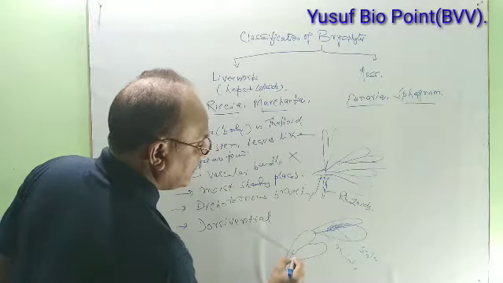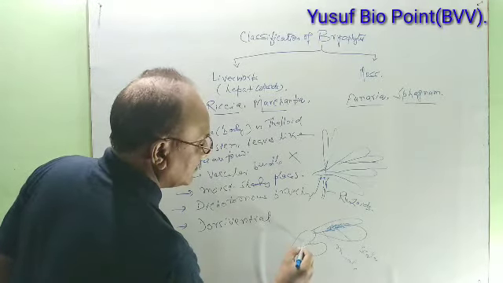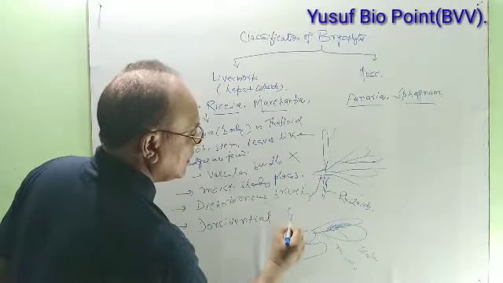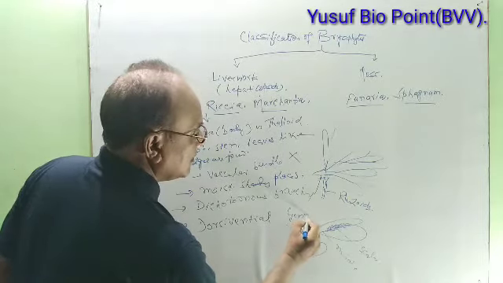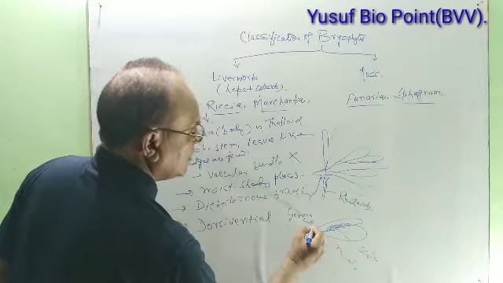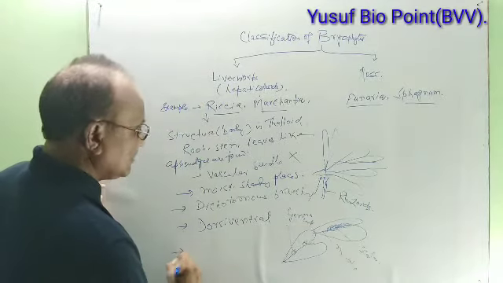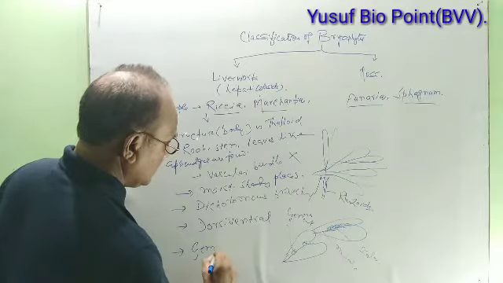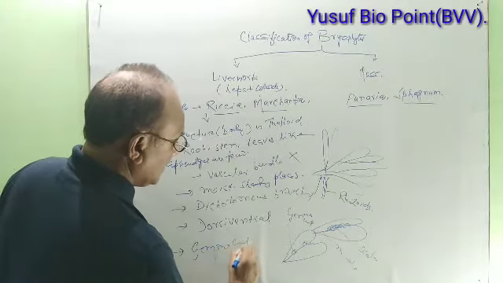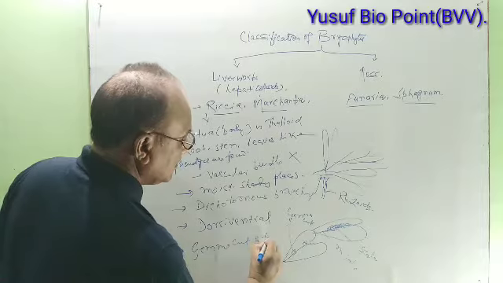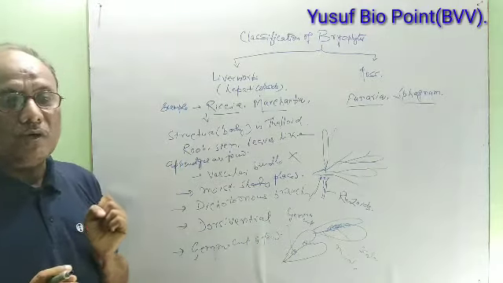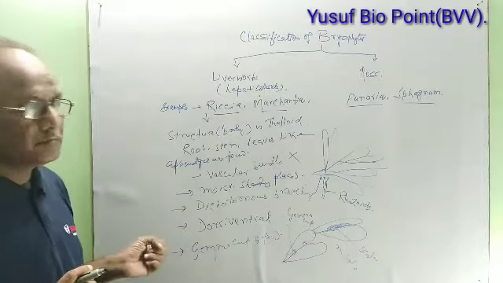On it a cup-like structure is found. That is known as gemma cup, which is helpful in asexual reproduction.